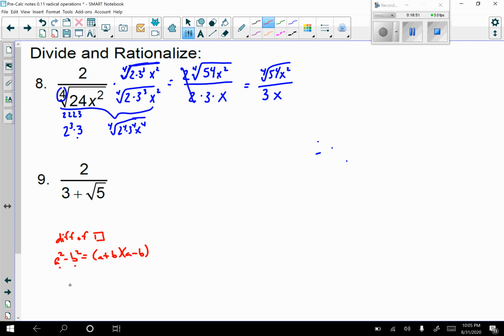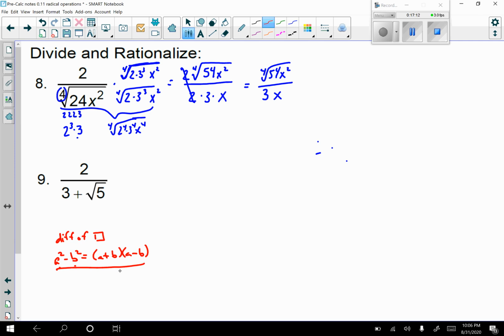Well, these are each something squared. Something squared gets rid of a radical. If we have a plus and we multiply by a minus, the same two values, we end up with 2 squared values subtracted. So we're going to build this difference of squares pattern.